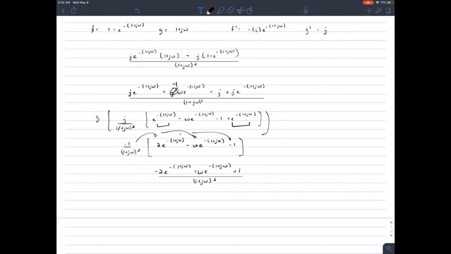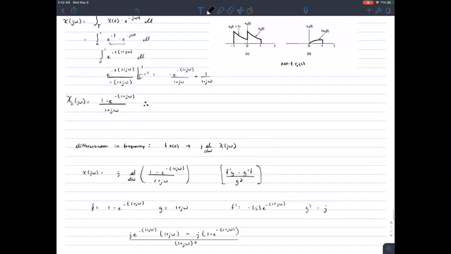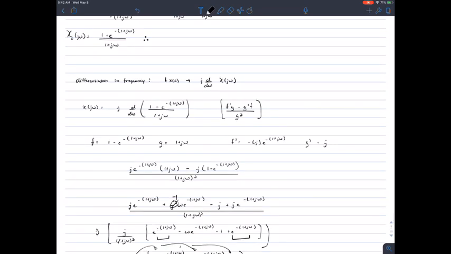Alright, and that's going to be the final answer, guys. Sorry about the roundabout solution, but the main thing you need to focus on is realizing that this is differentiation in the frequency domain.